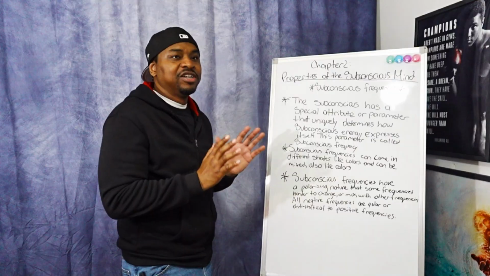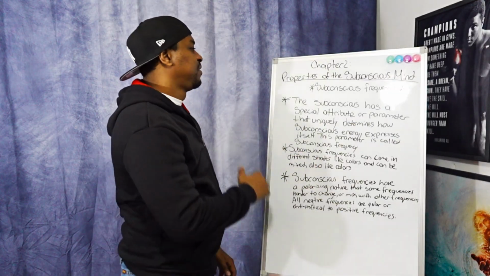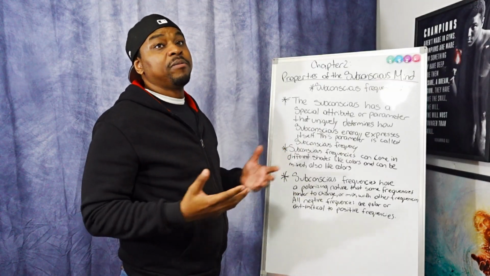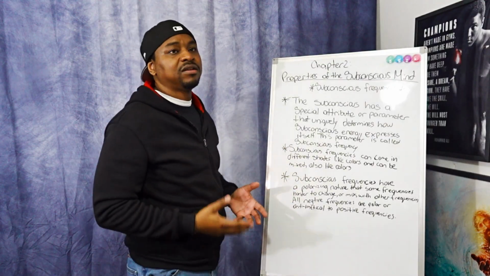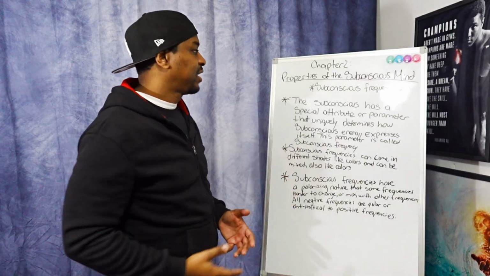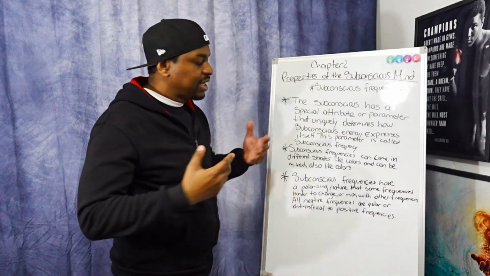Now, to be clear, for the hardcore physics people out there, frequency is a term in physics or math that just means per second, right? It doesn't mean anything else except per second. Generally, you're using it to talk about cycles per second, how many times something repeats itself per second. That's not how I'm using it.